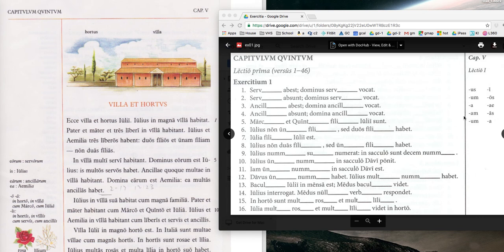These four endings right here are for feminine nouns like Julia or aquila or villa. And then these two here are for neuter nouns. Remember oppidum and oppida.